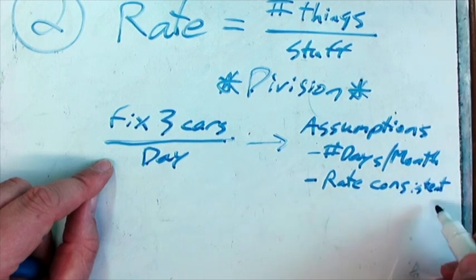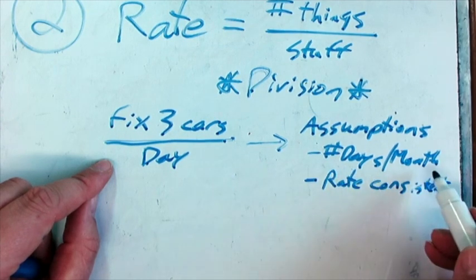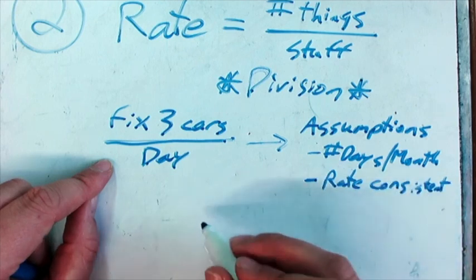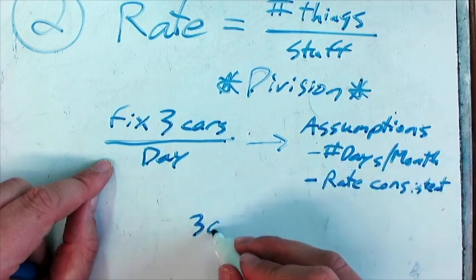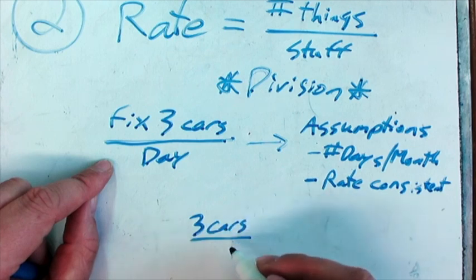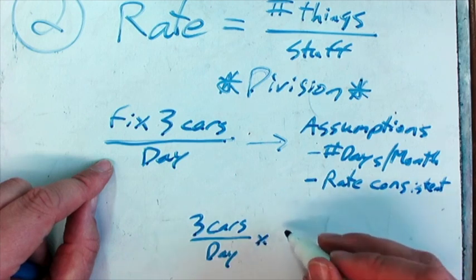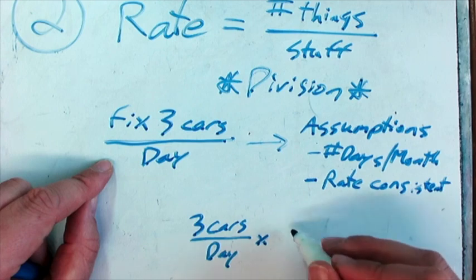So if we have a consistent rate and the number of days per month, let's actually do this math here. So we got 3 cars per day, and we're actually going to multiply by the number of days per month.